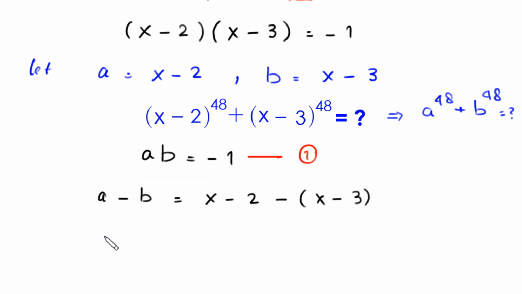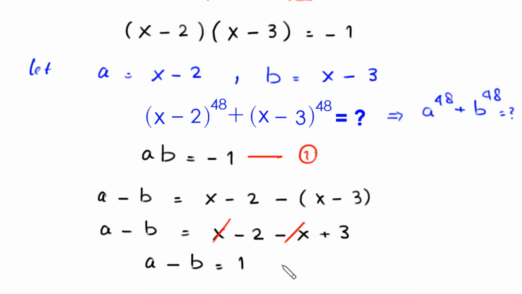Further simplifying, a minus b equal to x minus 2 minus x plus 3. The negative x cancels out with the positive x. We are left with a minus b equal to 3 minus 2, which is 1. Let's call this equation number 2.